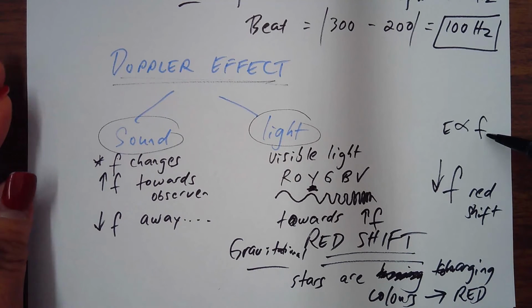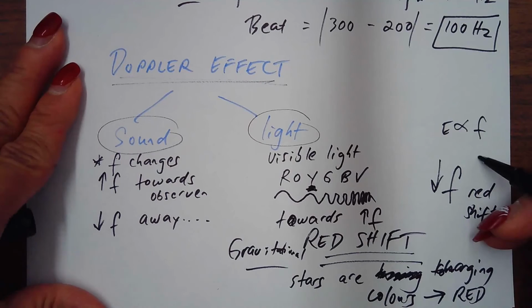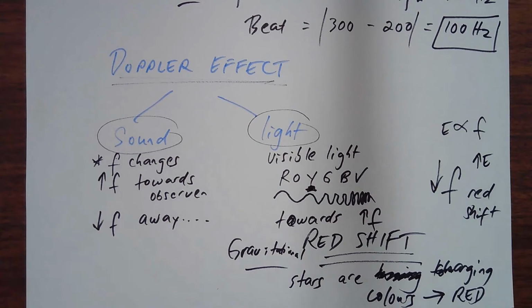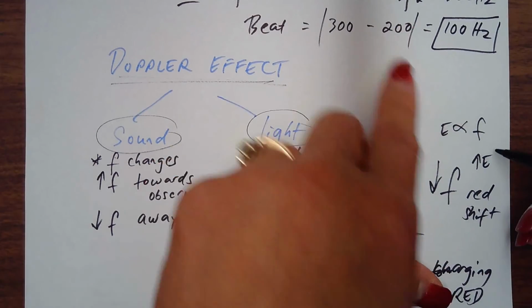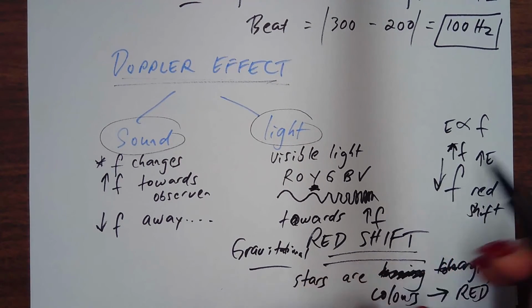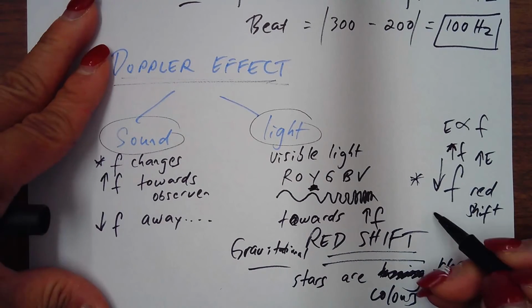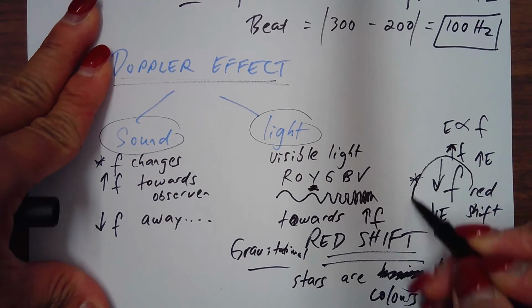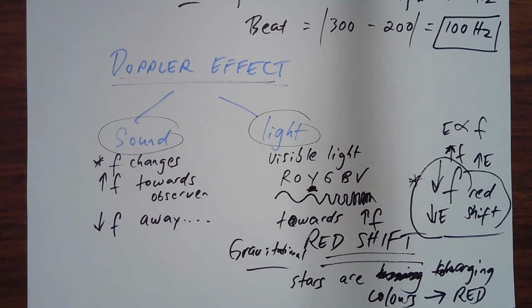So an increase in frequency will increase the energy. So here's what we're observing. It's decreasing frequency, so the energy level is decreasing because of that red shift. So here's the question I'm asking you. Are stars moving away from each other or moving towards each other?